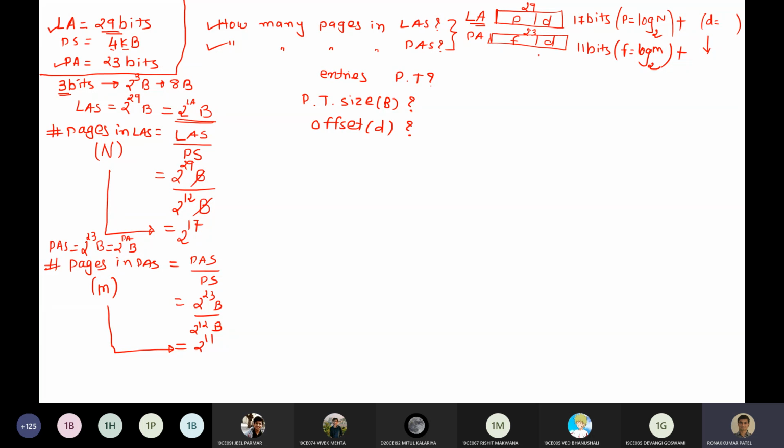Suppose in terms of students, I am making a group of 4 students, and that is my page. A group of 4 students, that is my page. In that page, if I say 2, then that is the offset. But my page is a collection of what? It's a collection of students.